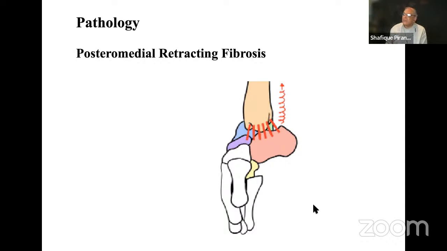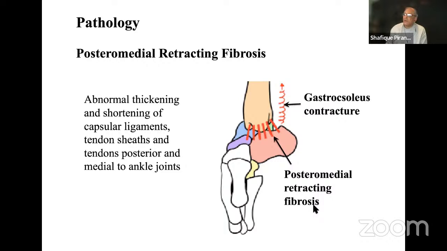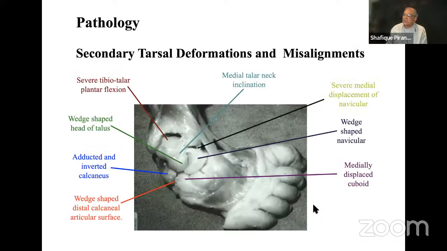There is posterior medial retracting fibrosis, abnormal thickening and shortening of the capsular ligaments, tendon sheaths, and tendons posterior and medial to the ankle joints, gastrocsoleus contracture, and that causes secondary tarsal deformations and misalignments. And this is Dr. Ponseti's very famous dissection to show all the deformations and misalignments, and they're all numbered there and enumerated.